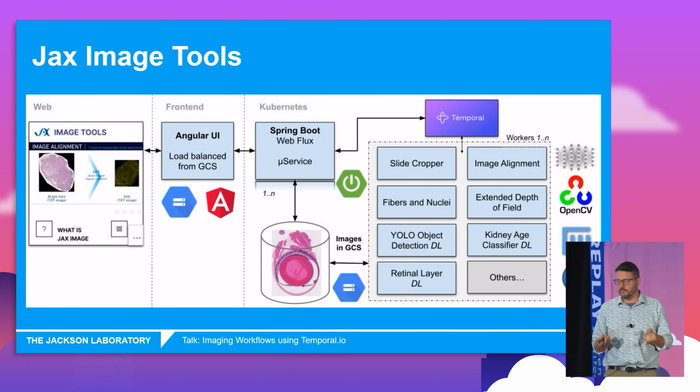Then have a Spring Boot server talking to that and looking at the images, giving back images to the front end for the user to choose which analysis they want to work, and then encapsulating all of the image analysis into individual Temporal workers of different types, which I'm going to go into and show you some pictures of what they do.